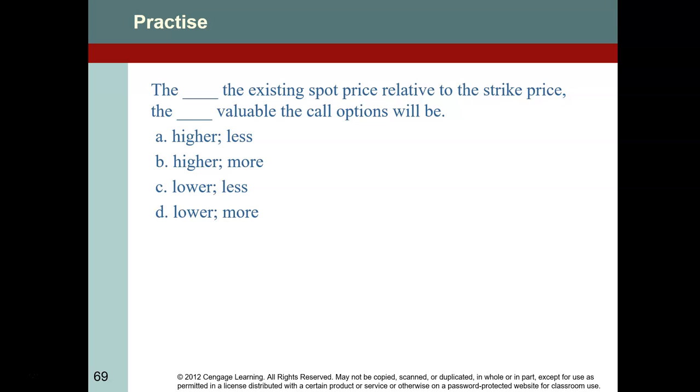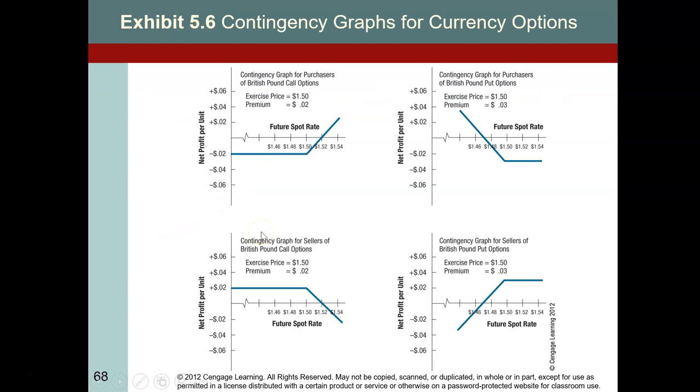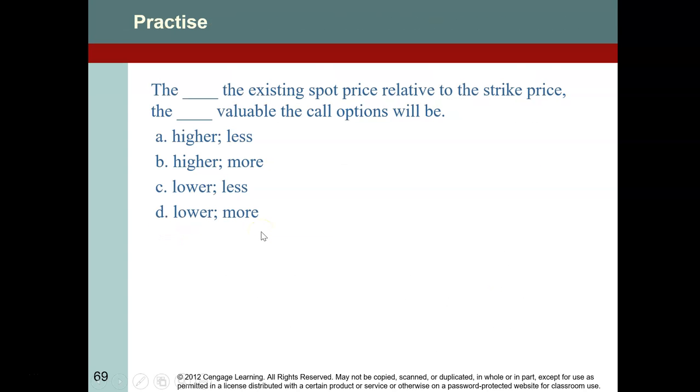Okay, so let's first start with two basic ones we've already gone over from last class. You can open up your slides for chapter 5 and go to page 69. This is something we've already looked at before.